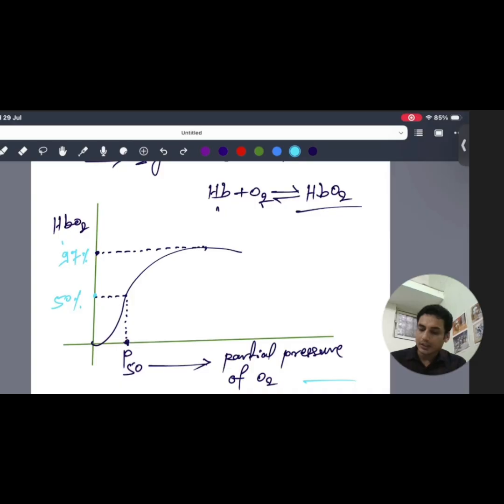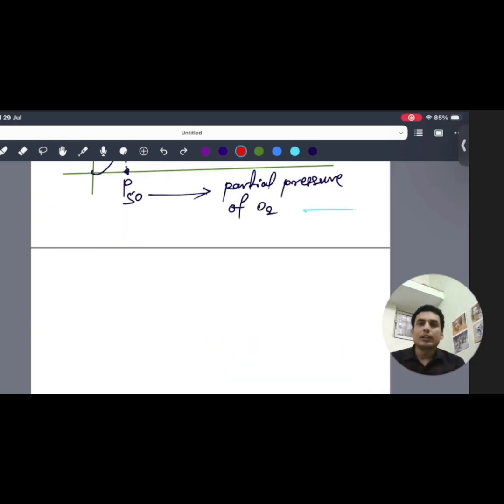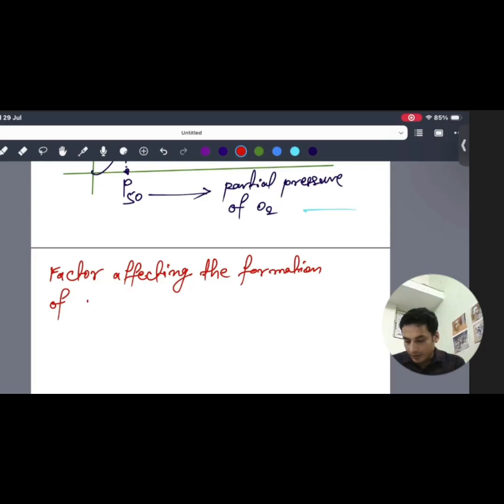Then further, there are many factors affecting the formation of oxyhemoglobin, or HbO2. The first factor is temperature.